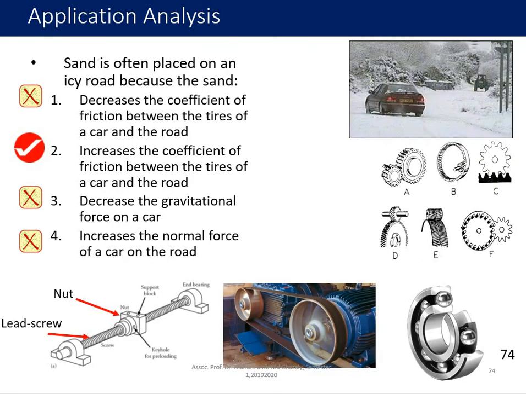Sand is often placed on icy roads because the sand increases the coefficient of friction between the tires of the car and the road. When you put sand on an icy road, you make sure that your car does not slide, and the sliding happens because you have a low coefficient of friction.